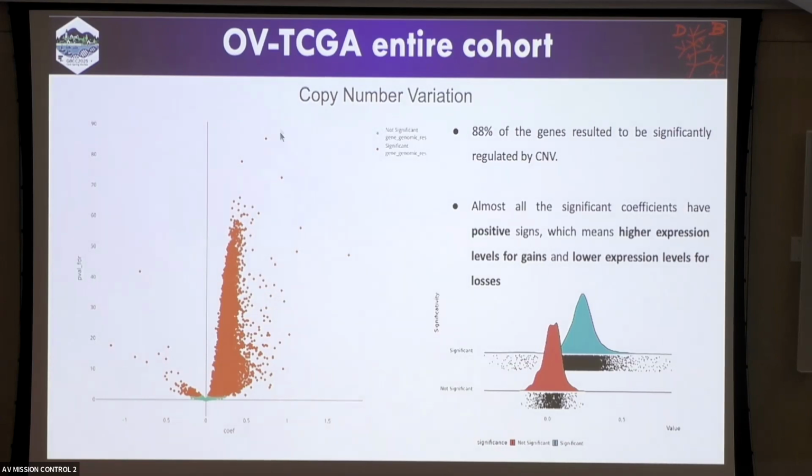The most interesting thing is that almost every parameter that is significant is actually positive. That is very important because it's what we expect from the biological point of view, because it means that if copy number variations goes higher, also gene expression goes higher, and vice versa. And this is an indication of the robustness of the model.